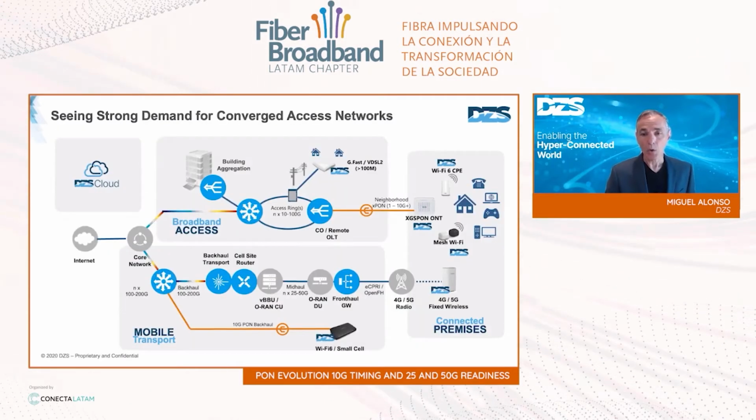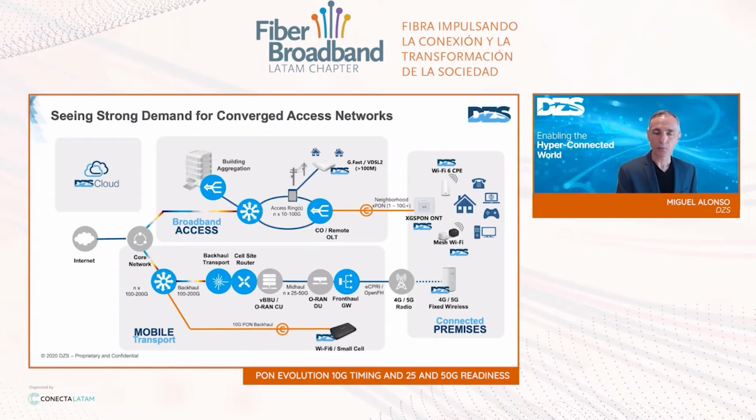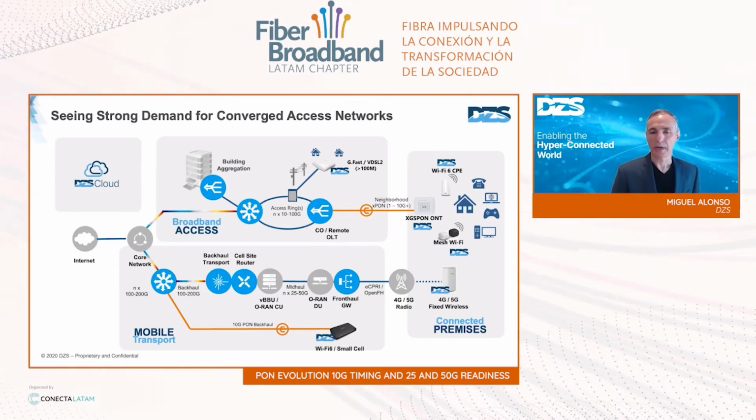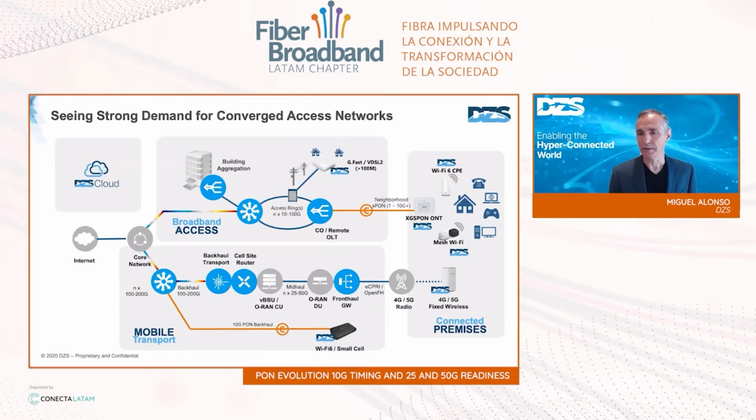When we look at our product portfolio as DZS, we have traditionally offered products to our customers that are very well suited for deployment of access networks, both in fixed wireline as well as mobile access. On the upper hand side of the slide, I show you the different technologies and products that DZS offers to our customers to enable not only the migration from copper to fiber, which is still happening in some parts of the world, but also the very cost-effective deployment of fiber-based networks using PON for residential and business services.